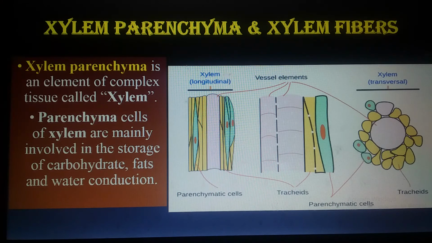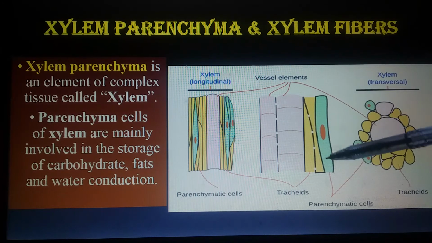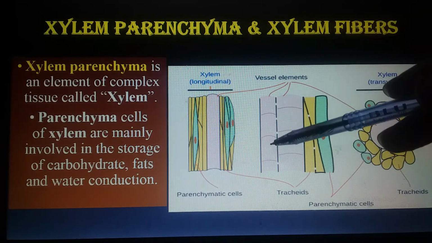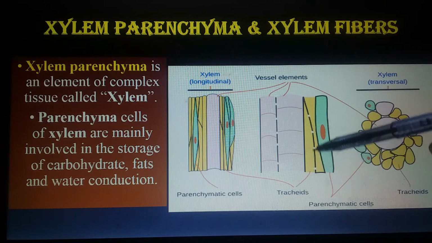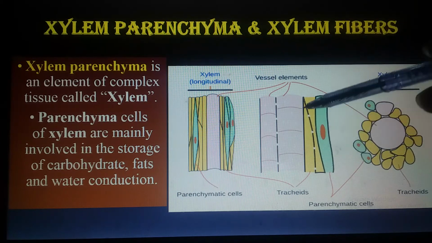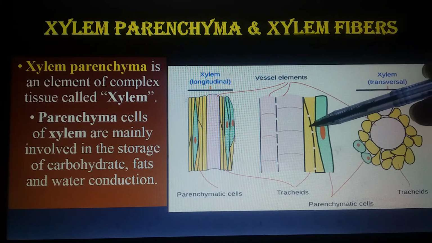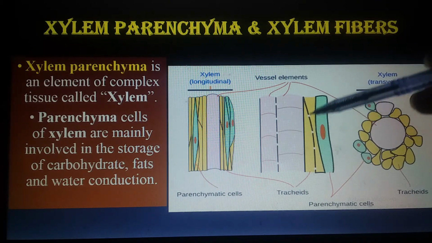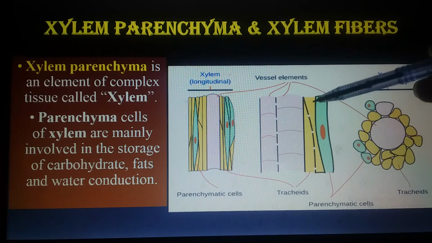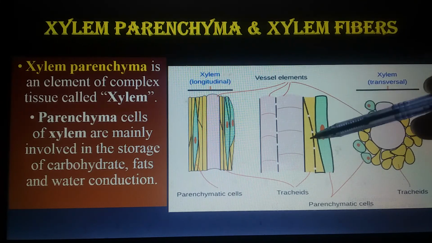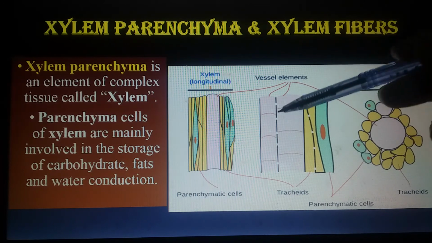You can see here these are the xylem parenchyma, and these are the vessels which are connected with each other, and these are the tracheids. Tracheids, as I have discussed, have tapering ends and just pits. That's why water and minerals are transported through these pits, diffusing from cell to cell.